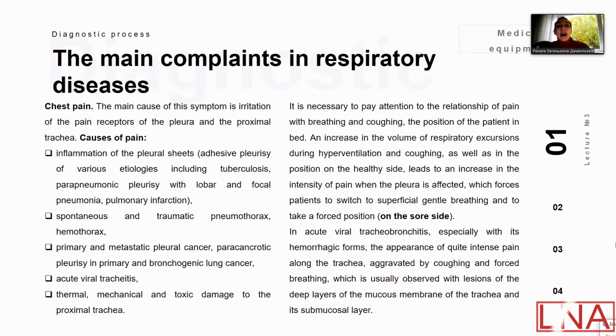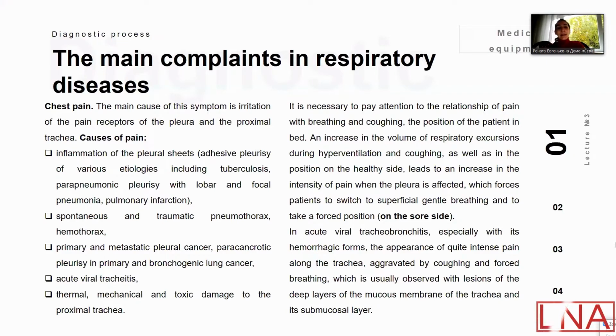Also, we have to pay attention to the relationship of the pain with breathing and coughing, and the position of the patient in bed during our examination. Increasing the volume of respiratory excursion during hyperventilation, during coughing, as well as in the position on the healthy side, leads to an increase in the intensity of the pain when the pleura is affected, which forces the patient to switch to superficial gentle breathing and to take a forced position.